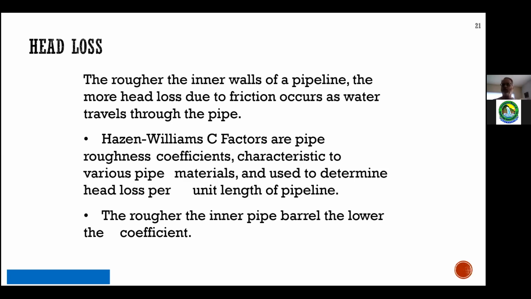So you either replace the pipe with, say, a PVC or a high density polyethylene, which could have a C factor of about 140, which means more of the pipeline's total energy in static head, as it flows, is delivered to the customer. So the rougher the pipe, the lower the coefficient.